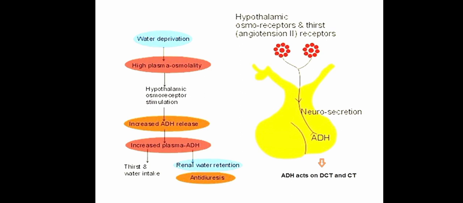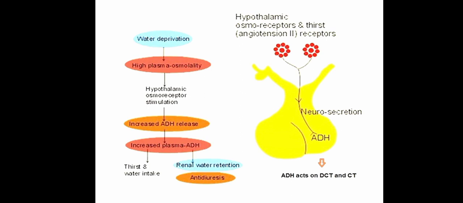Next, the ADH also triggers the thirst mechanism and increases the water intake. So the second thing is that one action of ADH is that it increases renal water retention. That is, more water is being reabsorbed, more water is being retained in the body, and less water is excreted in the urine.